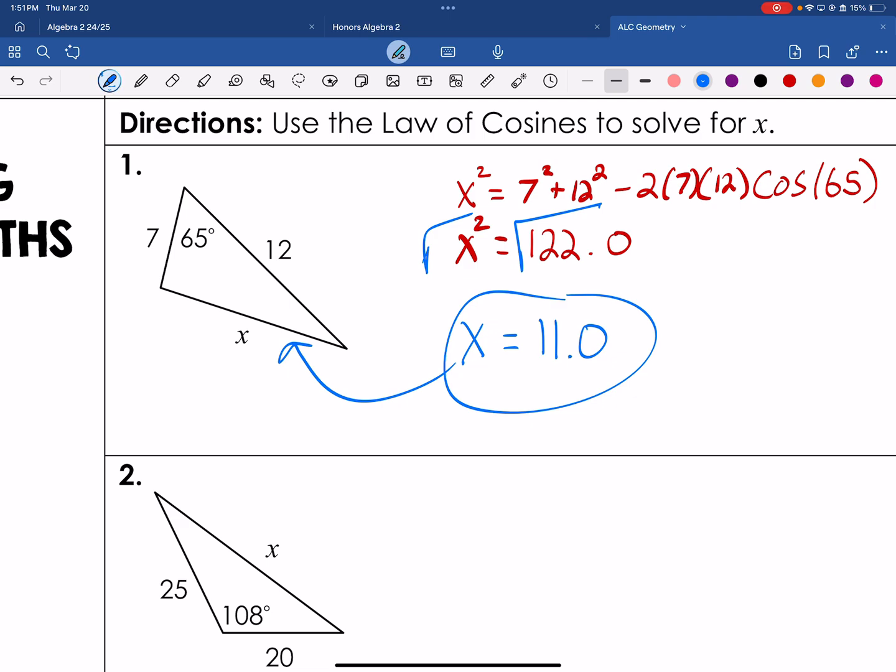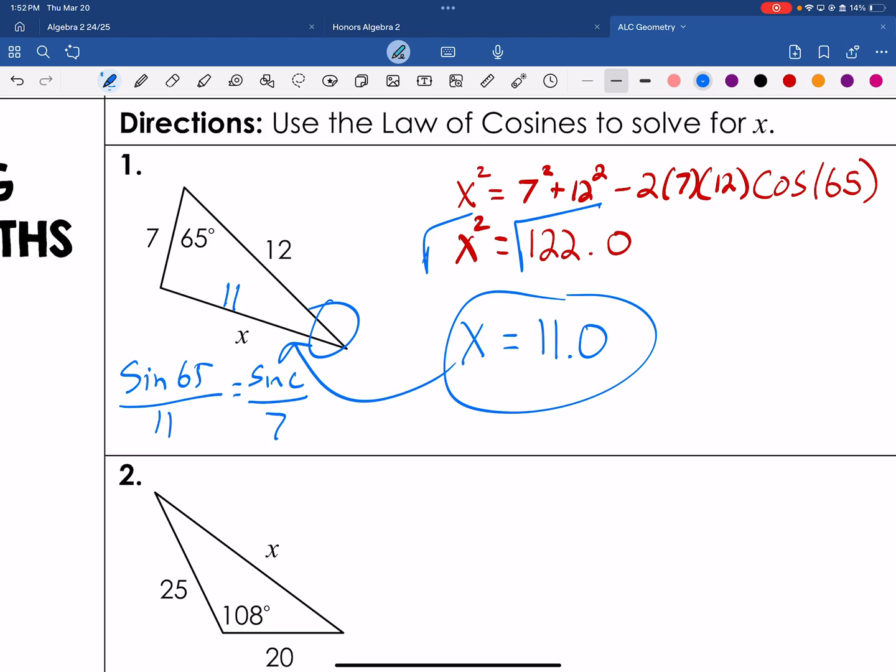But now here's the thing. If I know the length of that side, if I know this is 11, now I know the measure of an angle and the length of its opposite side. I could use the law of sines: sine of 65 over 11 is going to be the sine of, we'll call that c, over 7.